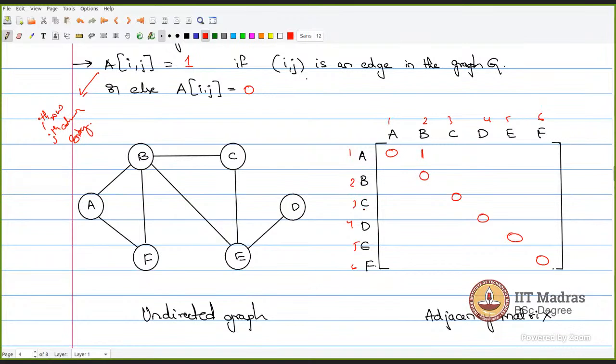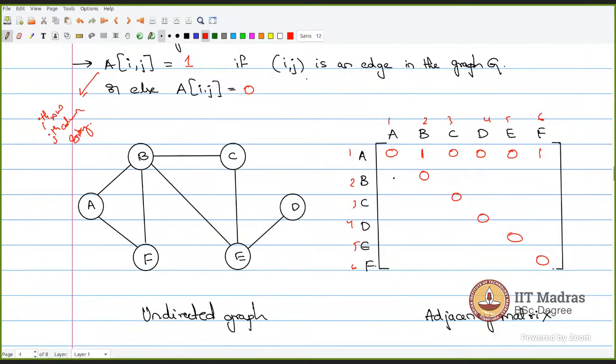If there is no edge, I will give 0. Is there an edge from A to C? No, so 0. A to D? From the graph, there is no direct edge from A to D, so 0. A to E? No. A to F? Yes, there is an edge.